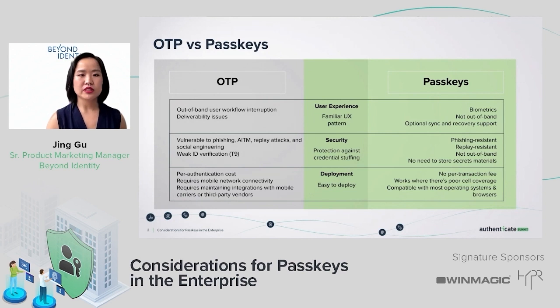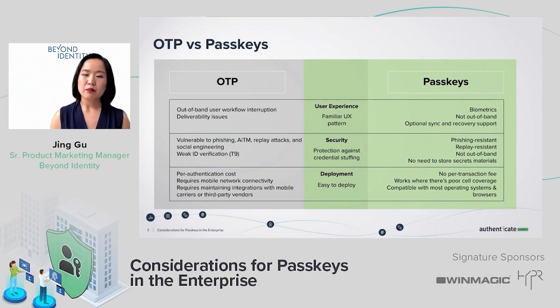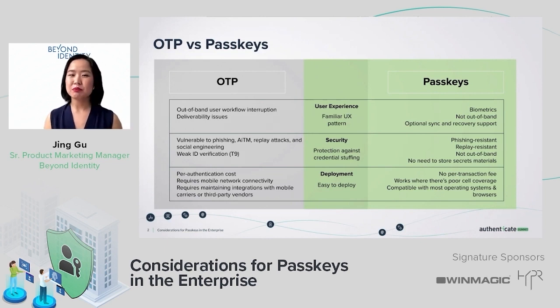In addition, one-time passcodes face certain deliverability issues since you're reliant on a mobile cell carrier. Passkeys don't have any of those challenges and instead can keep users in their environment using the same kind of method for device login, and provides an optional sync across the user's devices, which can be really helpful in terms of supporting recovery. Both of these are typically pretty familiar user experience patterns for end users.